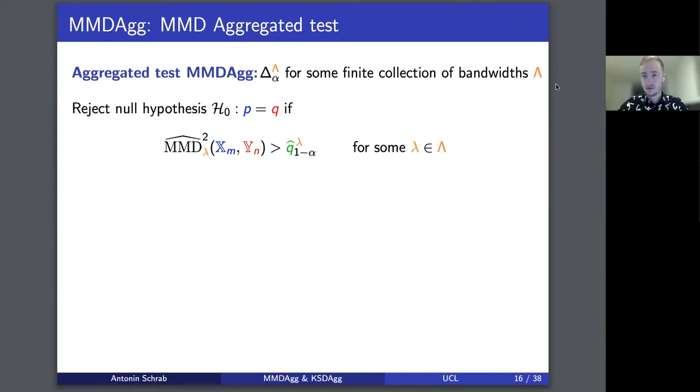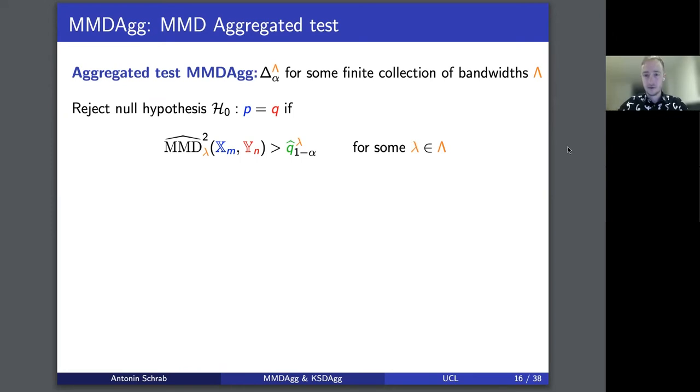Actually, this holds for a countable collection, but in practice it needs to be finite if we want to implement it. And this rejects the null hypothesis if the MMD is greater than the quantile for some lambda. And this is important here: it's a different quantile for each lambda.